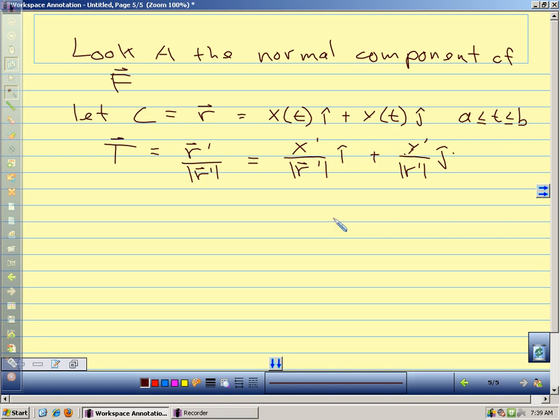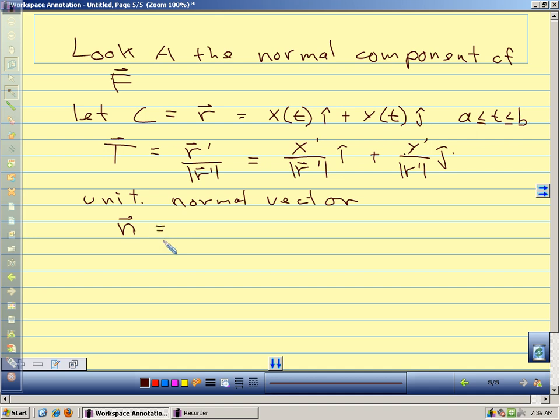We want to look at the unit normal vector. So the unit normal vector, and we're interested in the outward unit normal vector. I'm just going to use a small n for our unit normal vector.